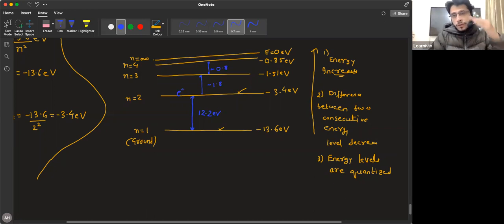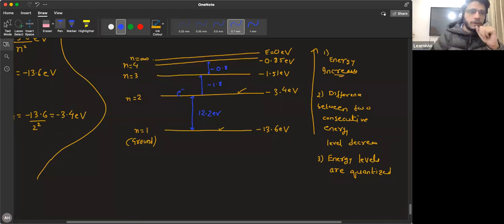When this electron comes to the ground state, it will emit some energy. The energy that this electron emits can be in the form of radiation. That emitted energy can form a spectrum. So we have two types of spectrum: one is the emission spectrum, another is the absorption spectrum.